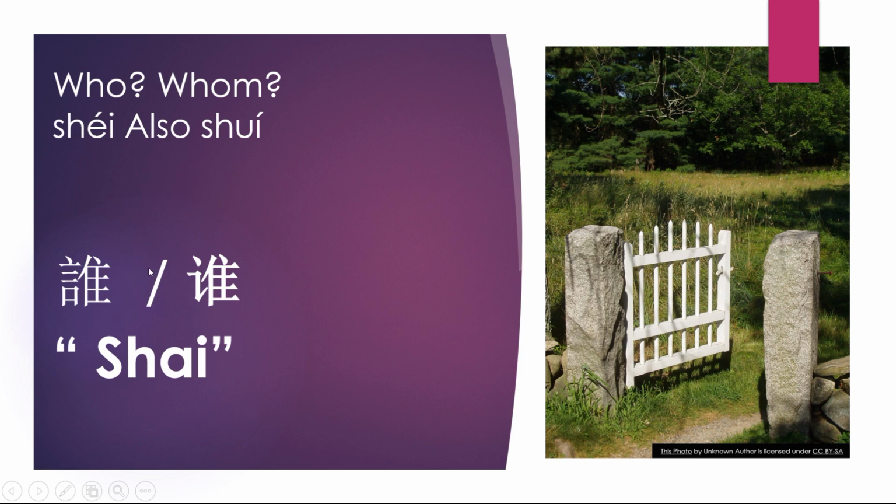shui or whom. Another approach I figured is much useful here: if you think carefully, there is a word which is yen here. So yen is also meaning speech or words.